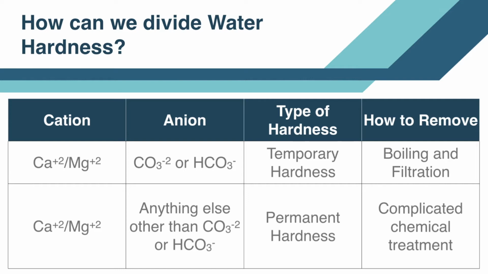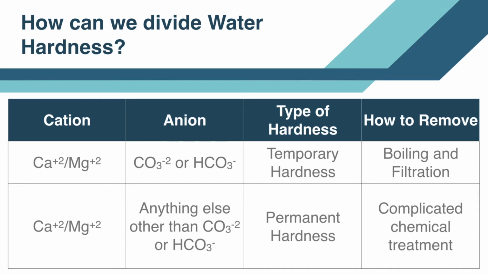So basically, you cannot decide temporary and permanent hardness from your cation, but you have to decide based on your anion. If the anion is carbonate or bicarbonate, then it is temporary hardness. If the anion is anything else other than carbonate and bicarbonate, I am not specifically telling any particular anion, but any anion other than carbonate and bicarbonate will cause permanent hardness in water.